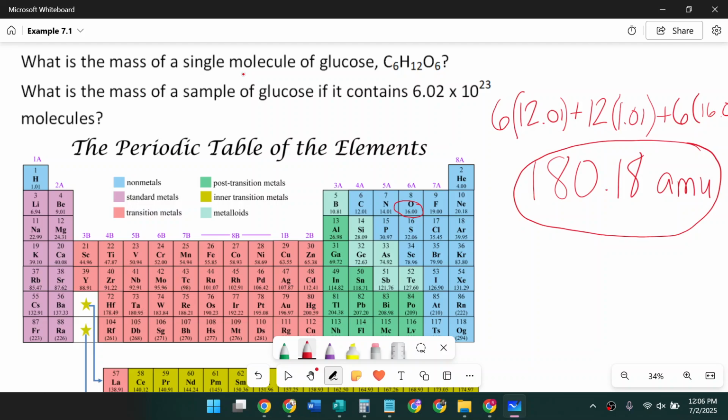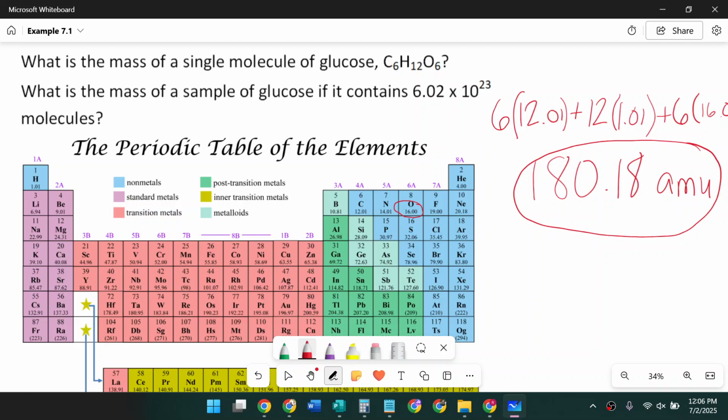And so for the glucose, if we need 6 carbon atoms and we wanted a mole of those, you have to think of it a little bit differently. In case that's confusing, let me think of it this way. If you want to know the price of an egg versus the price of a dozen eggs, when you ask for the dozen eggs, you have to multiply whatever the price of 1 egg is by 12. This is kind of the same idea.